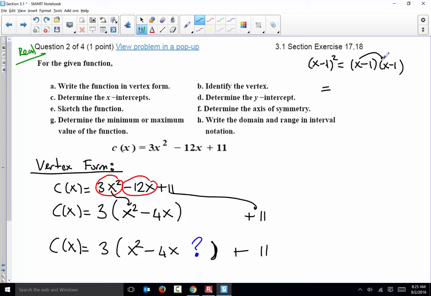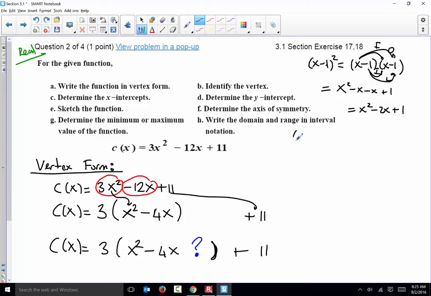How do you FOIL? First, outside, inside, and last, right? F-O-I-L. FOIL is this. So we get x squared minus x minus x plus 1, x squared minus 2x plus 1, correct?